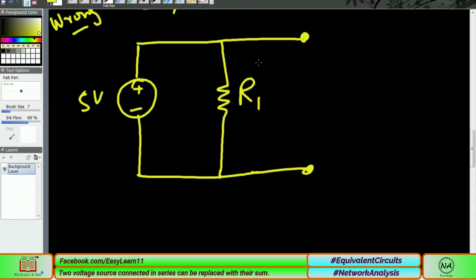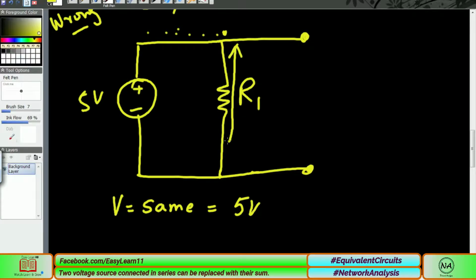In a parallel combination, the voltage remains the same. So the voltage across R1 is 5 volts, because if it is 5 volts here, it is 5 volts everywhere, and then 5 volts here.